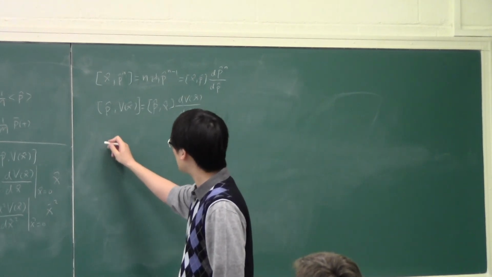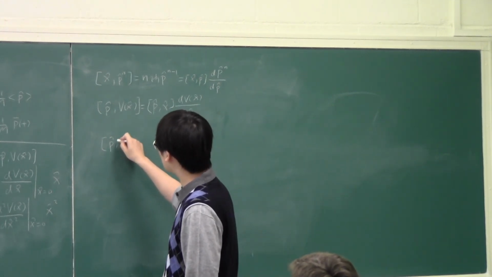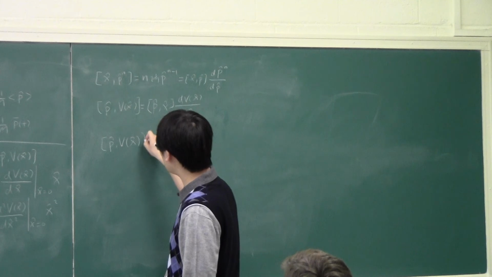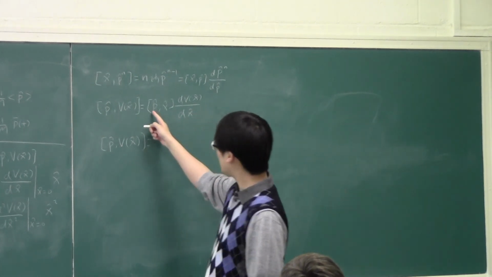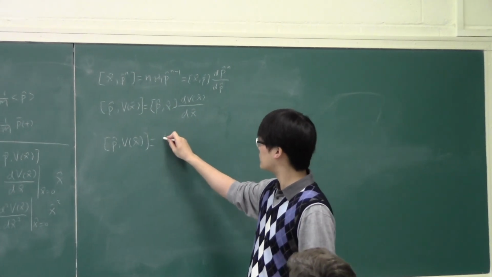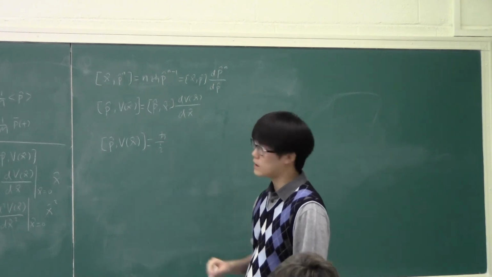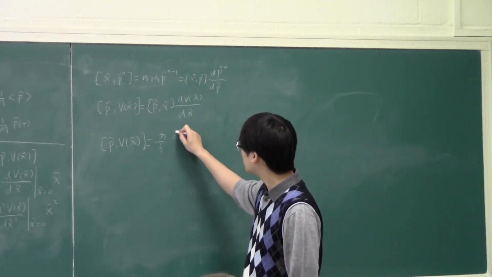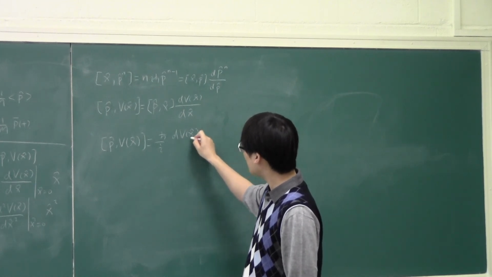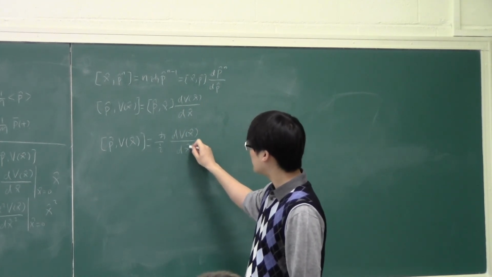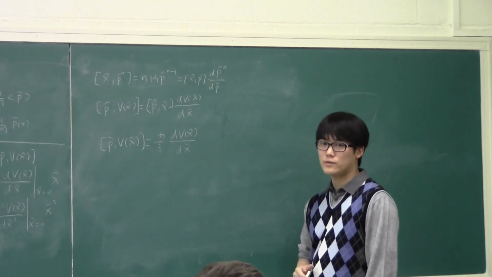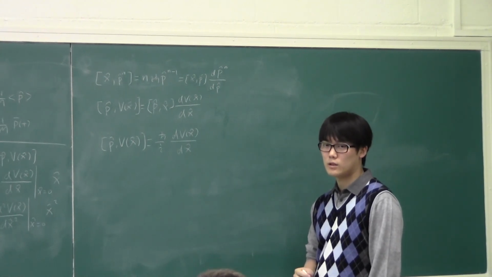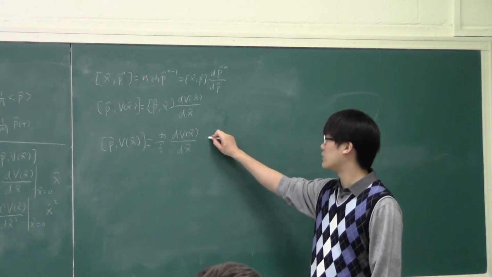So we have succeeded in computing this, and this is just p and x is going to commute with h bar over i. Okay, right? Minus i h bar, right? So I can certainly define a new operator that is called the force operator. Okay.